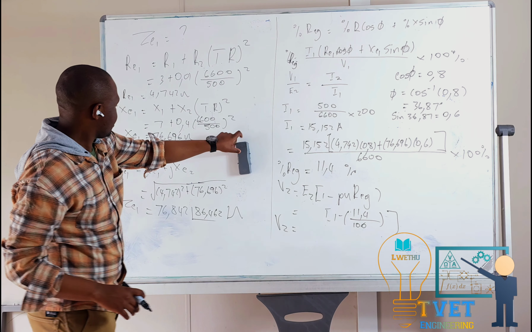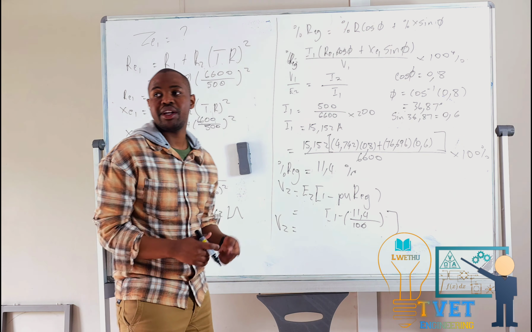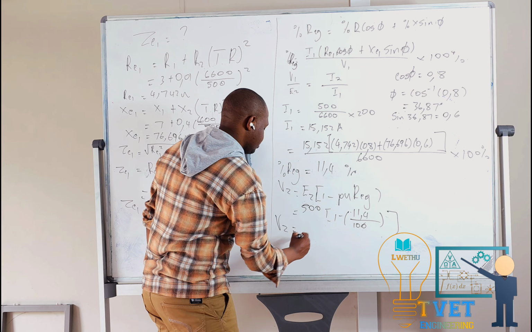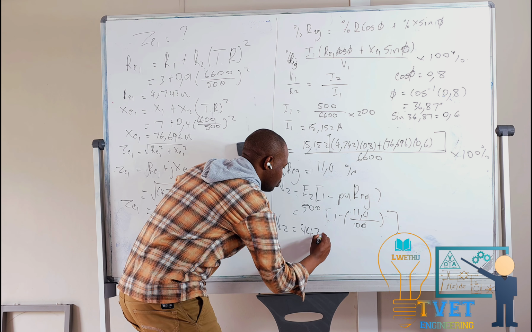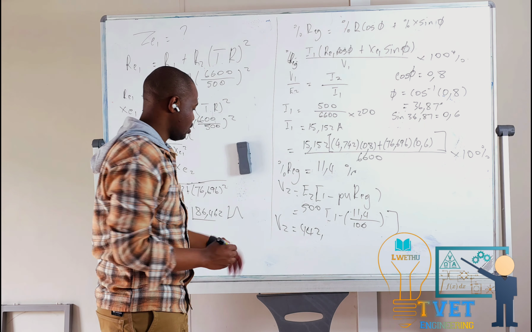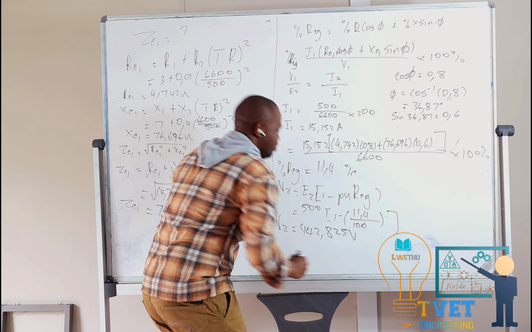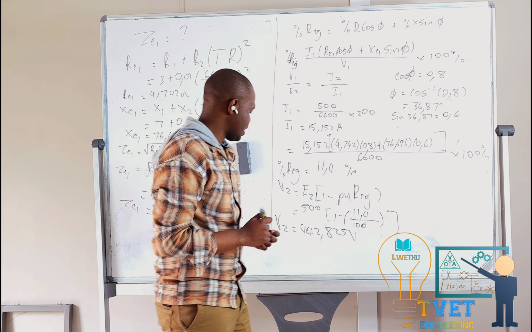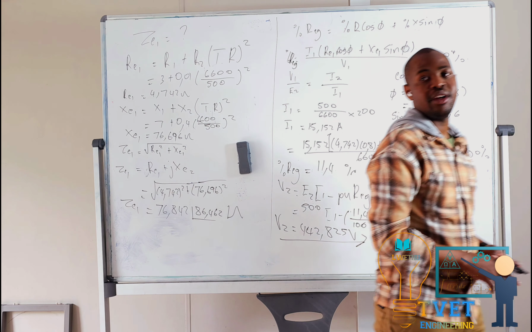E2 is 500, not 6,600, which is the primary voltage. Thank you. The answer is 442,825 volts. That is our secondary terminal voltage.